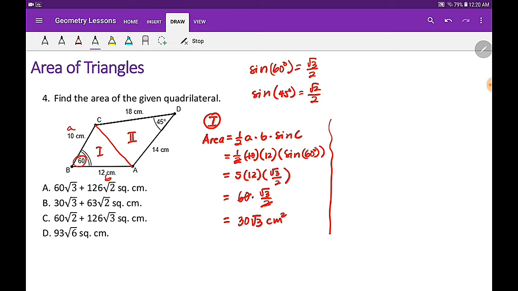Now let's do the next triangle, triangle number 2. In triangle number 2, the area is equal to 1/2 times A times B times sine C. Let's say this is our A, this is our B, that's our sine C. Remember, angle C is just the angle in between A and B. You don't have to memorize a lot of things, just be smart.